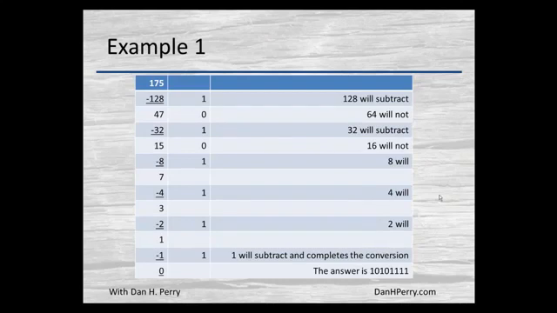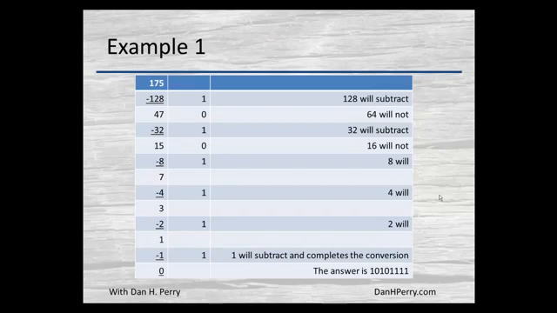For this example, we start with the number 175. Now, looking at our powers of 2, it will go into the 128, so we bring down a 1, subtract the 128, leaving us 47. We can't get the 64, the next smallest number, will not go into 47, so we bring down a 0.